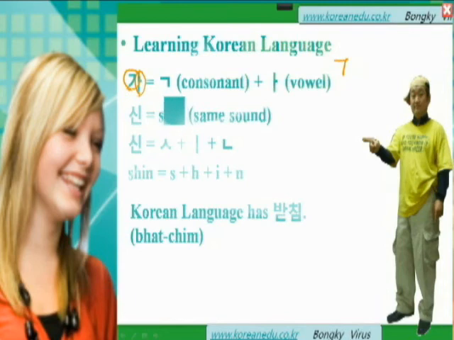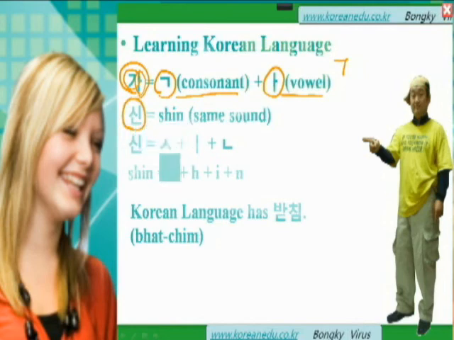It consists of the consonant 기역 plus the vowel 아. What about, as we saw before, 신? 신 is 시옷 plus 이 plus 니은. 신 means what? Yes, it is God. If you express it in English, it's S-H-I-N, shin. Every alphabet, every sound compounds together and it makes one sound and it has meaning.